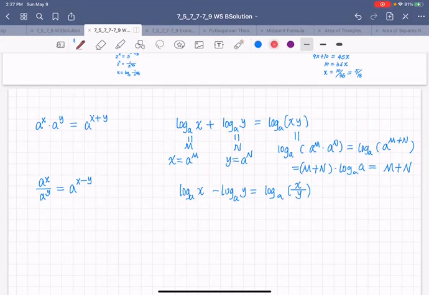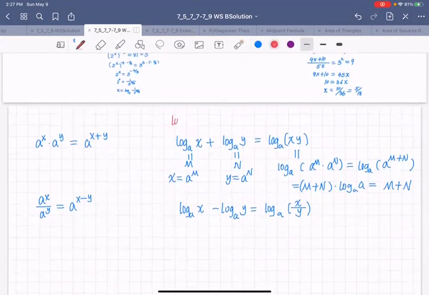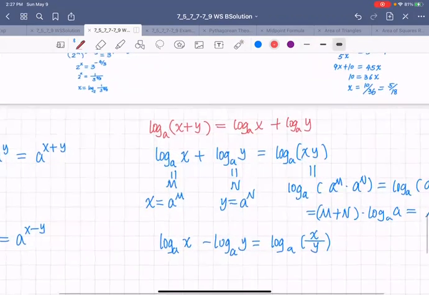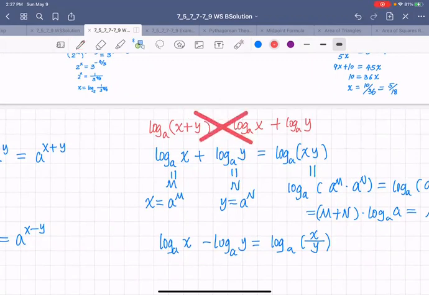There are many students who use crazy formulas. They do x plus y here, and say this equals log a x plus log a y. Listen, this is horribly wrong. Don't write this down. That's not true.